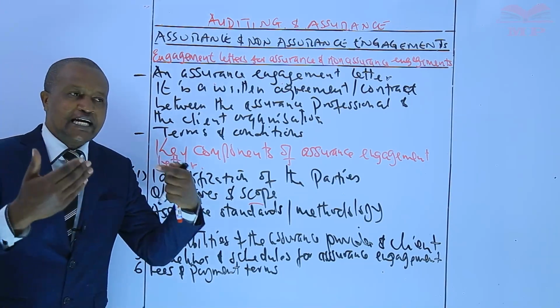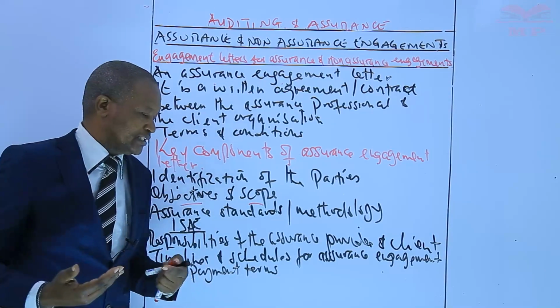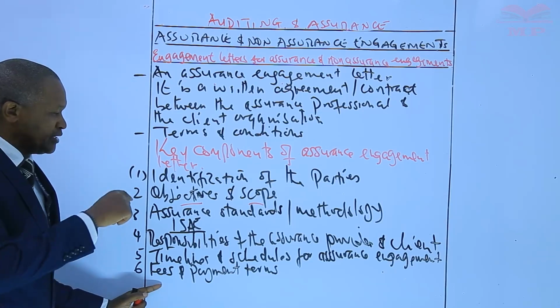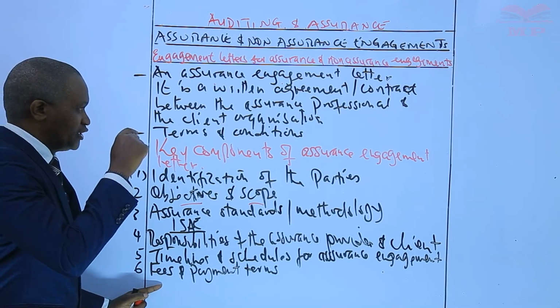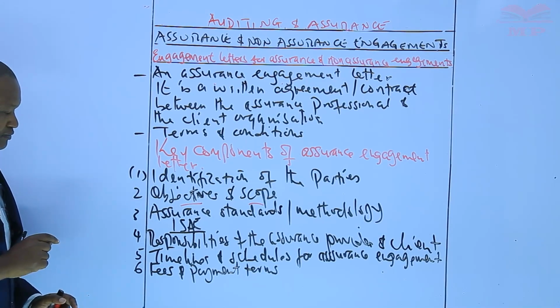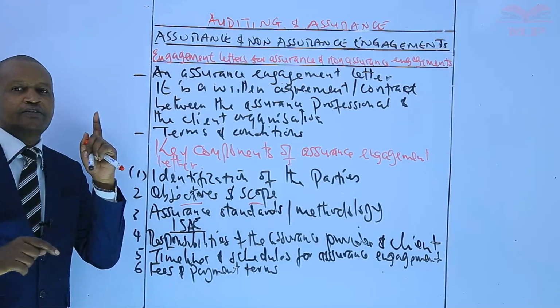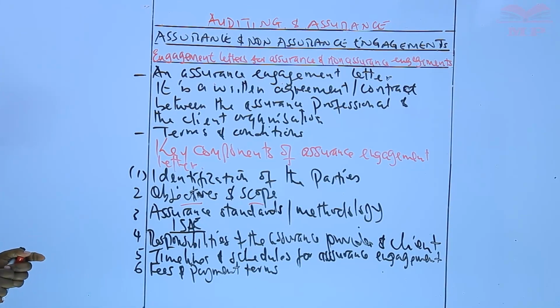And are there any additional costs or expenses to be borne by the client? That has to be specified in the assurance engagement letter.